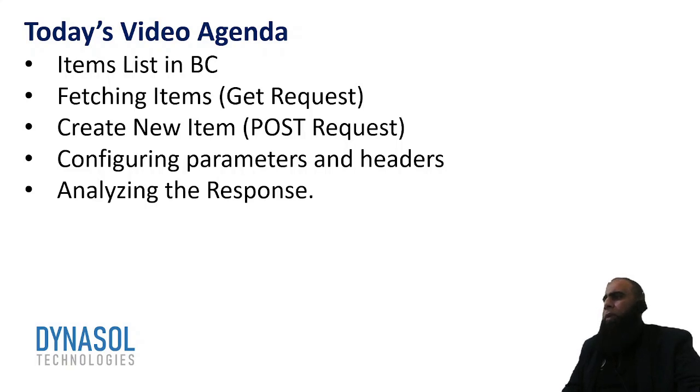Moving on, we will create a post request to add a new item. I believe you have basic understanding of the post request. Typically, with the post request, we send a set of parameters, and they are usually form based.